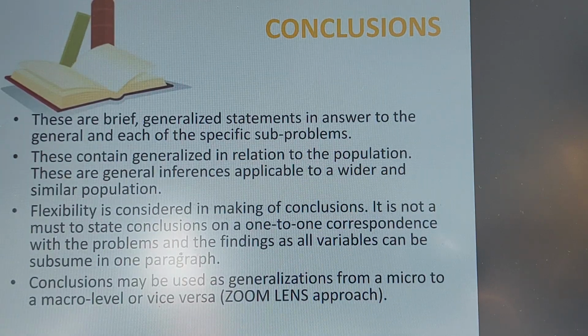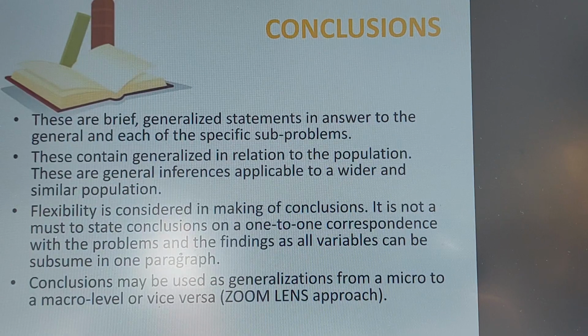Then the conclusion. These are brief generalized statements in answer to the general and each of the specific sub-problems. This contains generalizations in relation to the population. These are general inferences applicable to a wider and similar population.